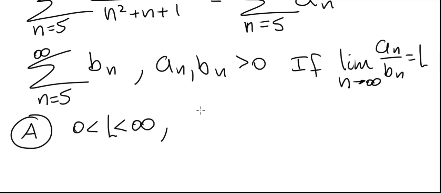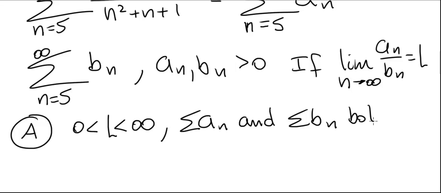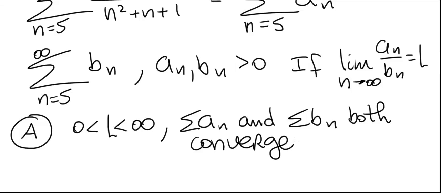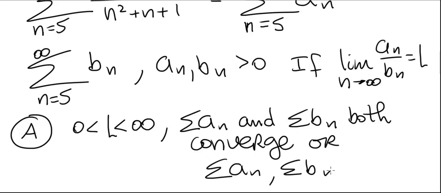It means then that the a sub n series and the b sub n series both converge, or the a sub n series and the b sub n series both diverge.